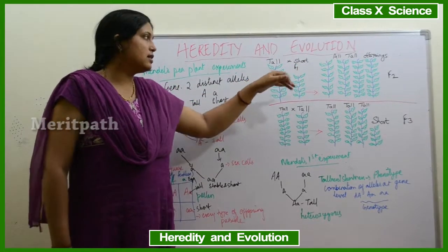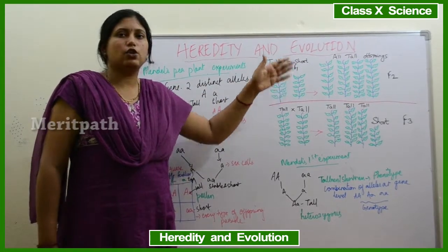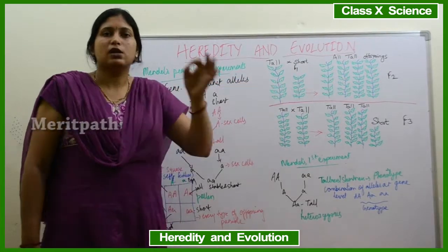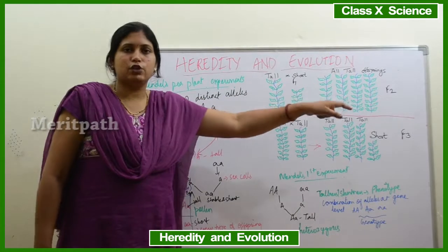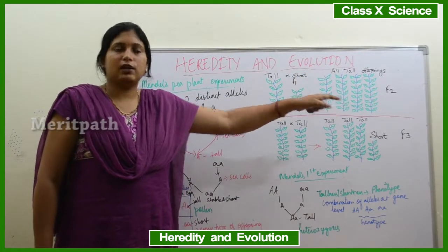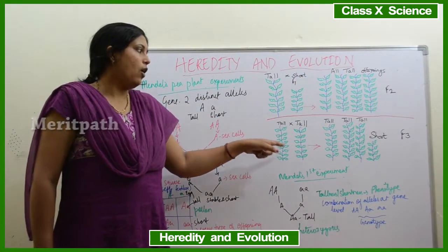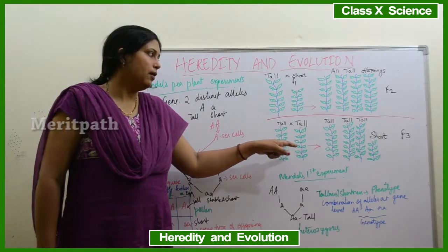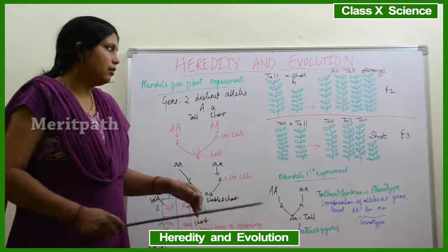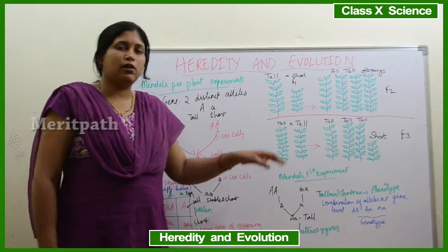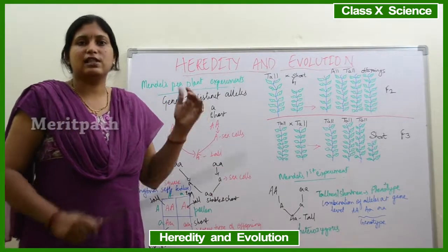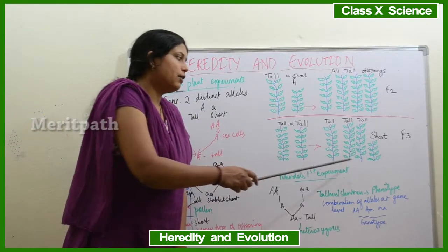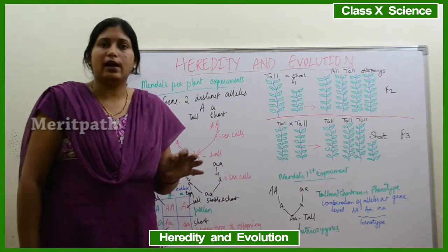When this F2 generation was self-fertilized, again what we got was 1/4 short and 3/4 tall.